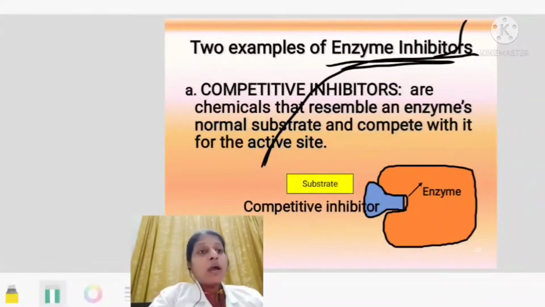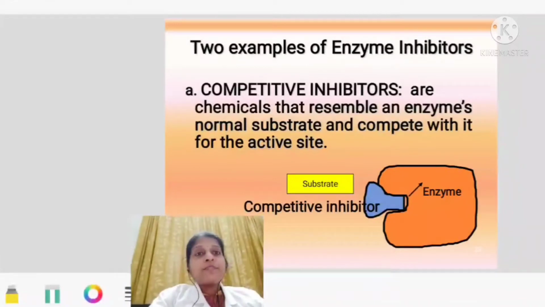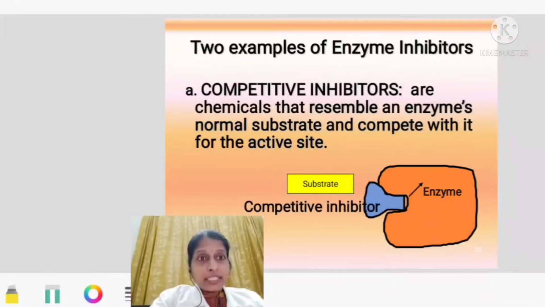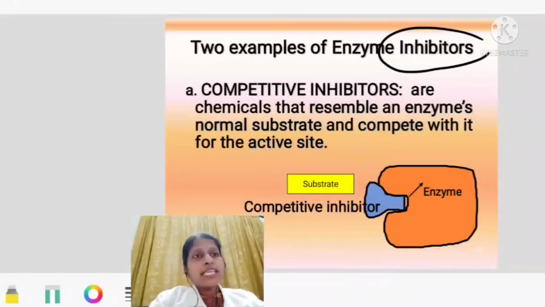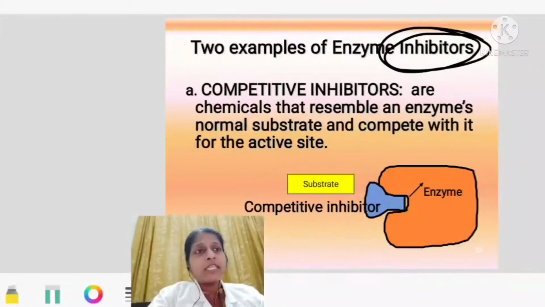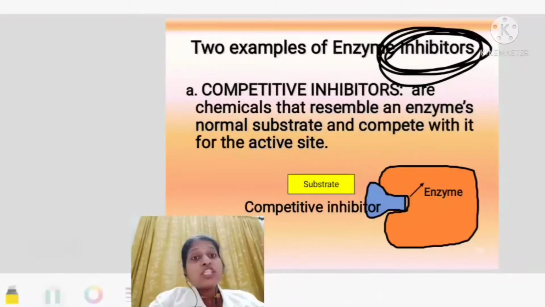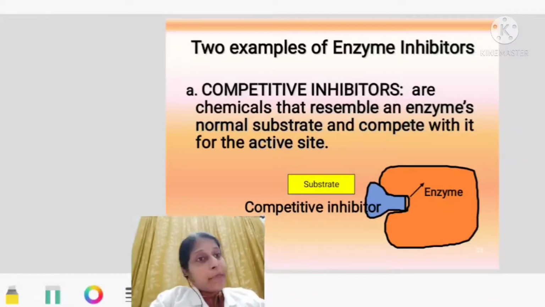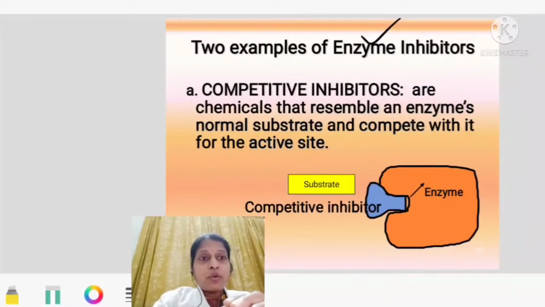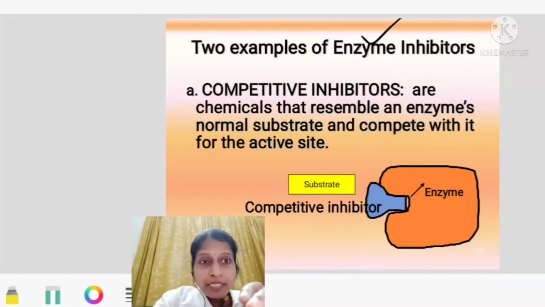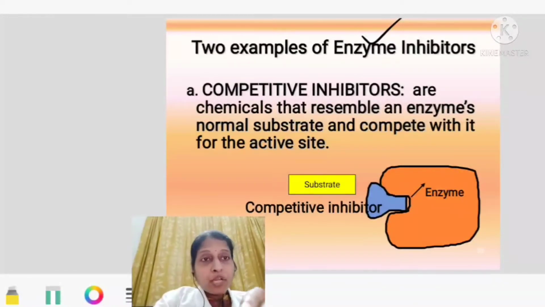So now we are moving on to the next factor. What is the next factor? It is the inhibitors. So this can also be considered as a factor. Presence of some inhibitors disturbs the enzyme action. Some inhibitors can disturb the rate of the chemical or the metabolic reaction.